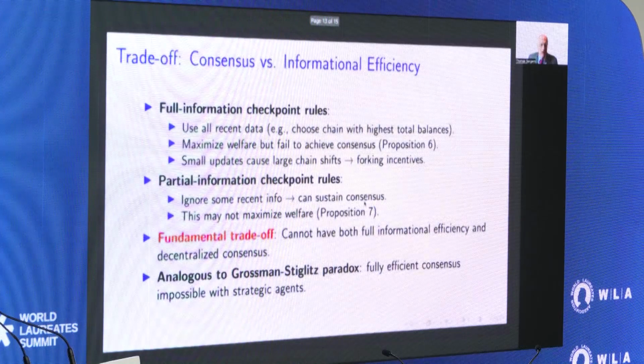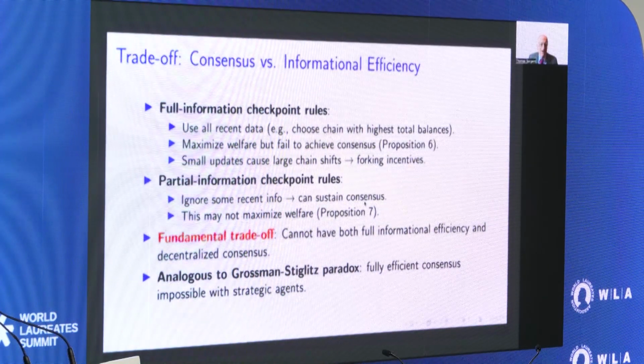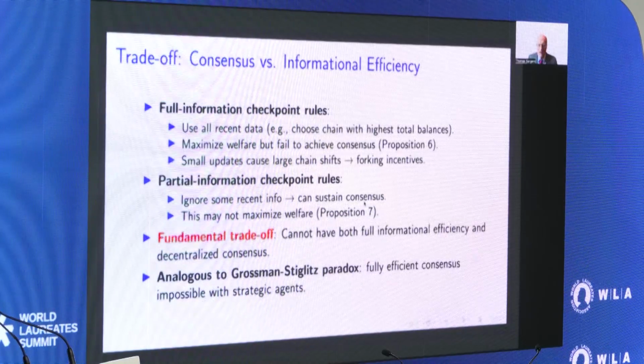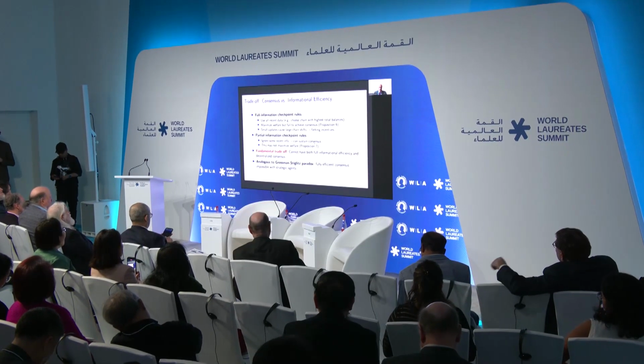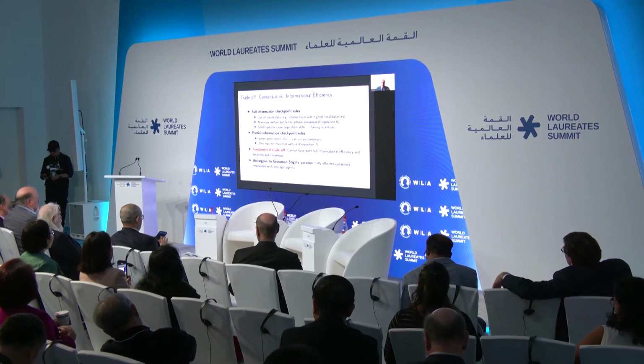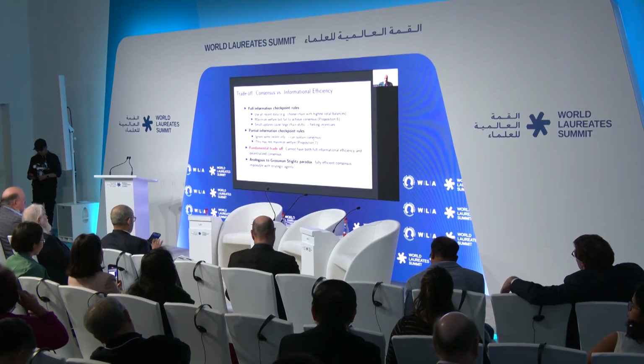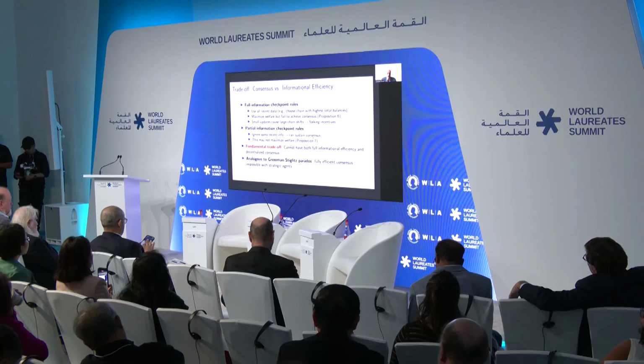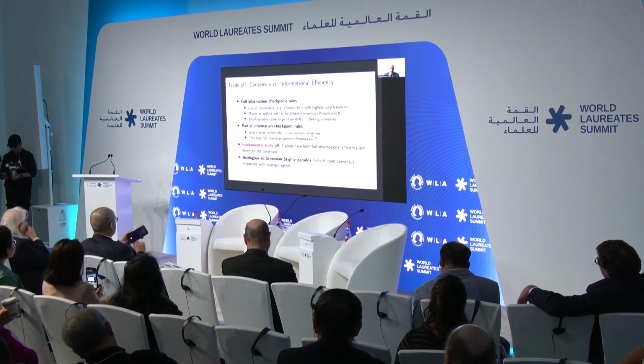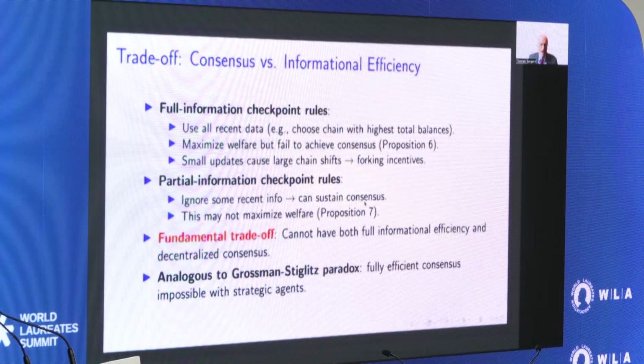What they identify is there's a trade-off. They do not solve this problem perfectly, and they have a characterization that it can't be solved perfectly. There's a trade-off between consensus, which is what you want, and informational efficiency. Full-information checkpoint rules use all the data and maximize welfare, but they fail to achieve consensus, because small updates can cause large chain shifts because there are forking incentives.